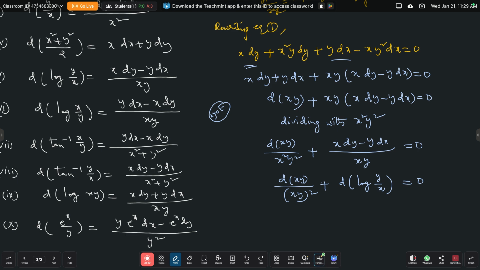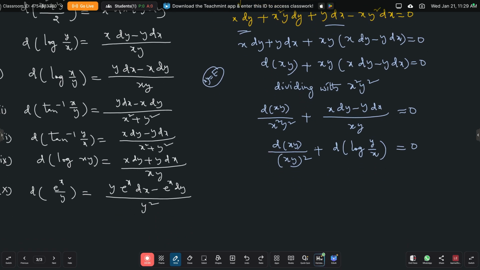Now we can directly carry out the integration here. Second term is straight away, the derivative and integral sign will get cancelled, log of y by x will remain. And the left side, we have d of xy by x square y square, this is dt by t square format. What is the integration of 1 by t square? Minus 1 by t. The same story.